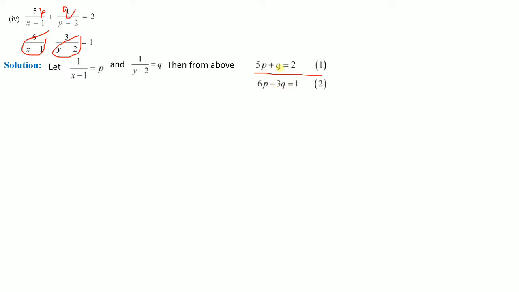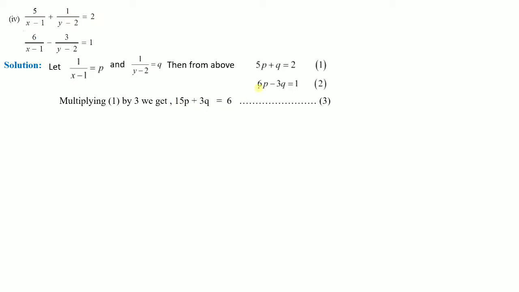Now here the coefficient of q is 1 and the coefficient of q in this case is minus 3. So we proceed by multiplying equation 1 by 3. Why did we multiply here?